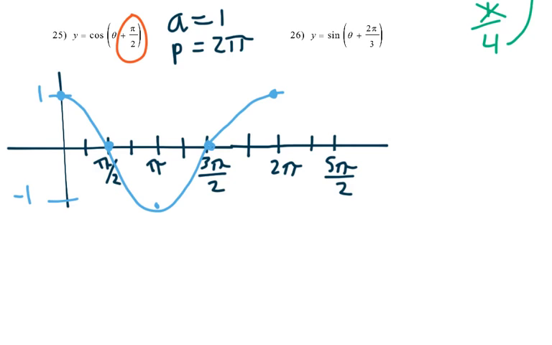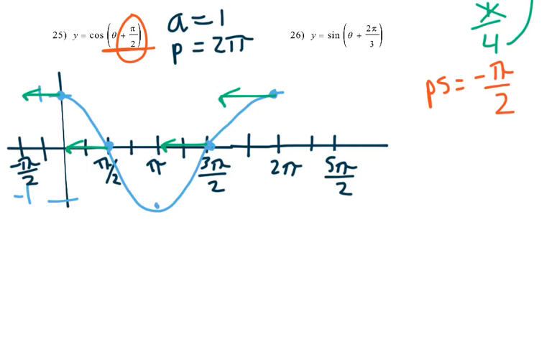Okay? Now, one thing we got to remember is inside the parentheses we think opposite. So a plus pi halves really has that phase shift of a negative pi halves. So what that means here at negative pi halves is that all of these points are going to shift back a pi halves.